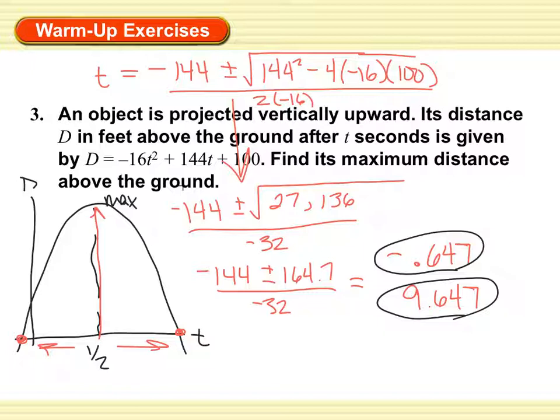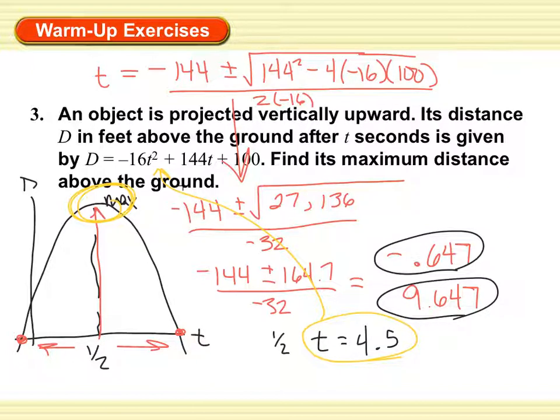So halfway between that, I'm going to add those two numbers together, and divide by 2. I get the halfway point is t equals 4.5. I did round a little bit. So if I plug this t back into the equation, I'm going to get the d at the highest point. So I'm going to use some calculator magic.